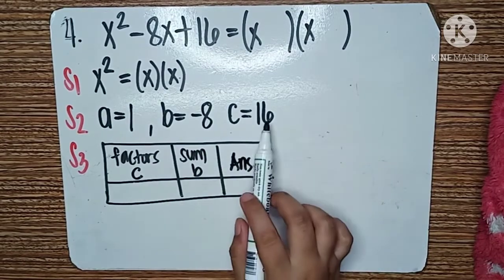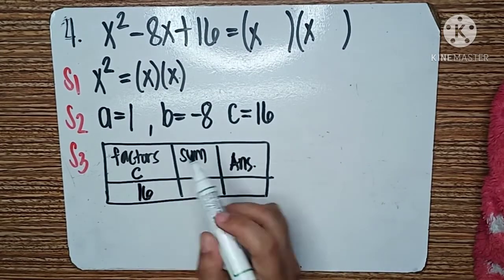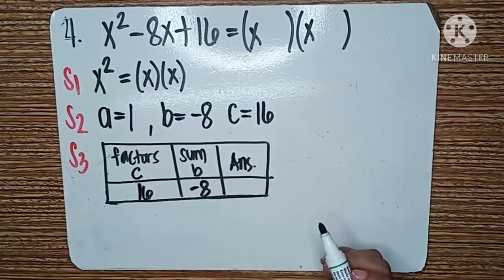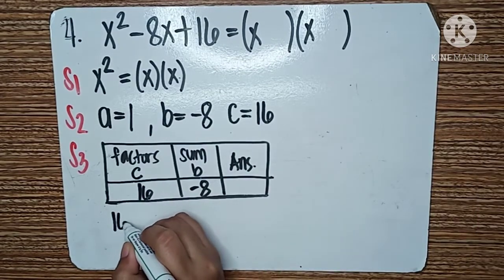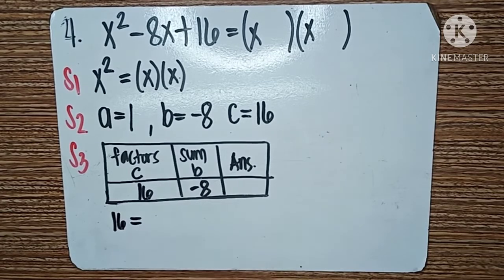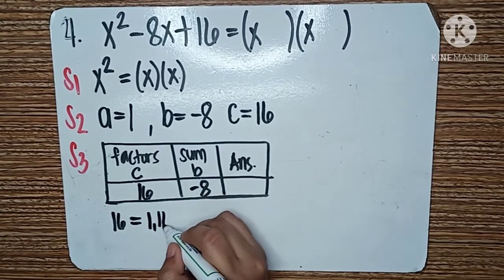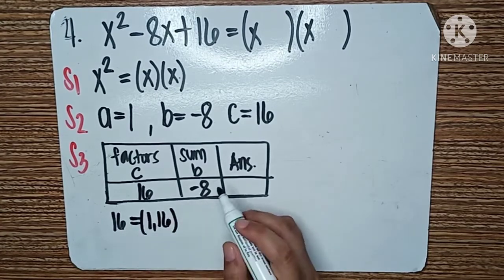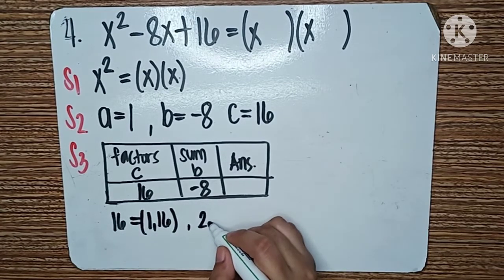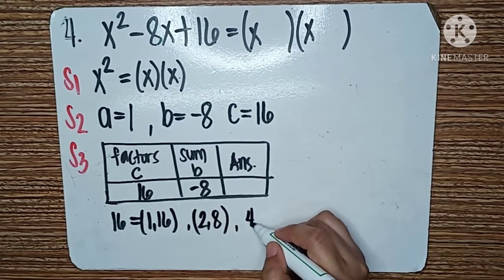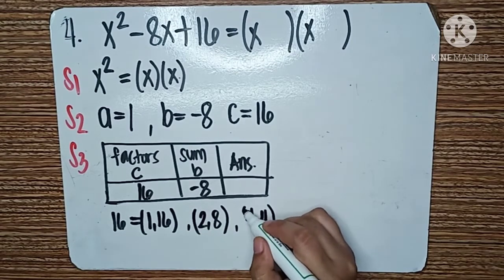So the value of C is equal to 16 and the value of B is equal to negative 8. Now we'll write down the factors of 16, which is 1 and 16. Another is 2 and 8. Another is 4 and 4.